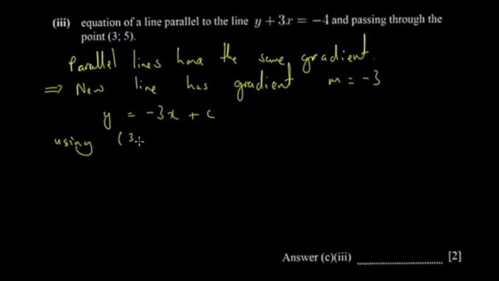Using the point (3, 5), which is a valid point here, you get 5 equal to -3x plus c. 5 is the value of y, so we're substituting here, and 3 is x.